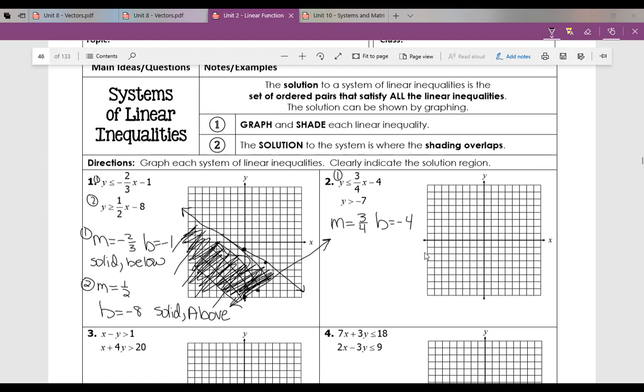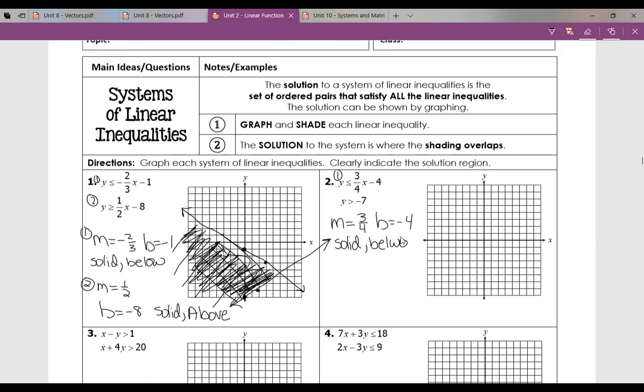Based on the inequality symbol, solid or dotted, above or below. Below. If I could spell the word below, that's not how you spell it. So I'm going to start at -4. So 1, 2, 3, -4 on the y-axis.